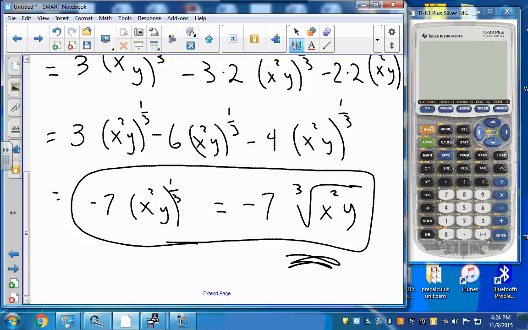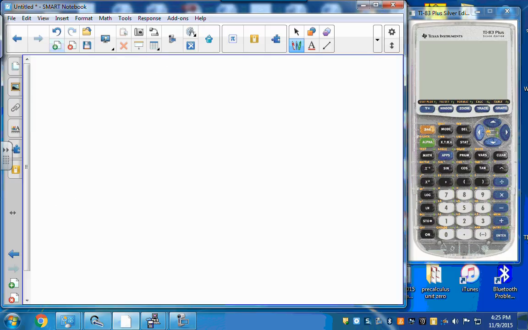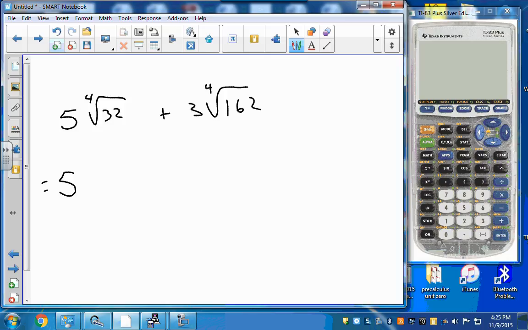Let's look at 27. 27, probably a little bit easier. There's no variables in this one. We have 5 4th roots of 32, and we have 3 4th roots of 162. Okay, so 32 I recognize as 2 to the 5th, right? 2 by 2 by 2 by 2 by 2.